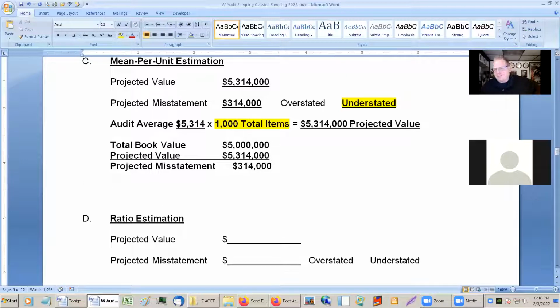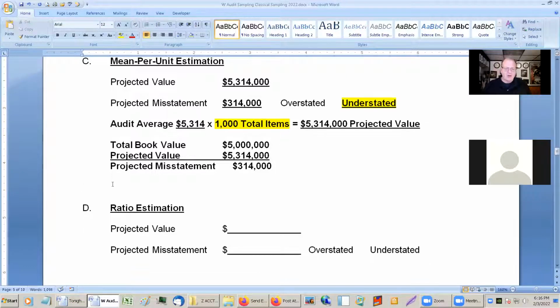Ratio estimation. The idea behind it is that larger accounts will have larger errors and smaller accounts will have smaller errors. For example, if you have a $50 account, it would be kind of unusual for it to be off by $900.